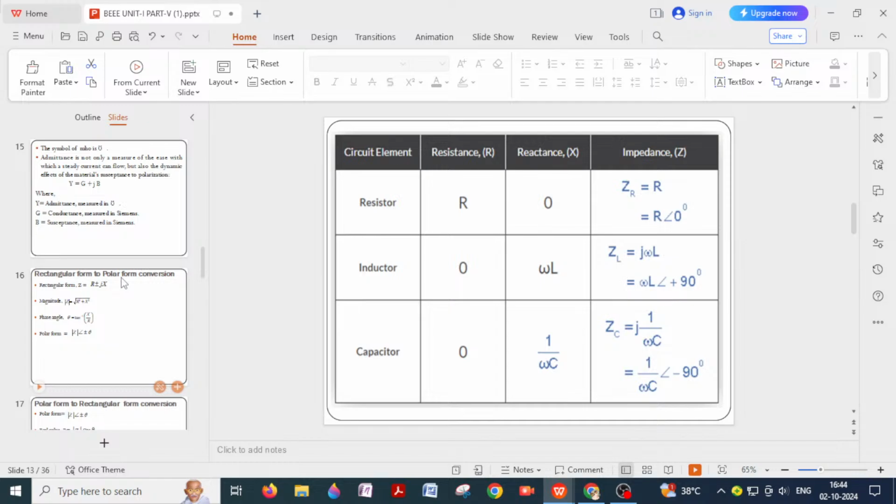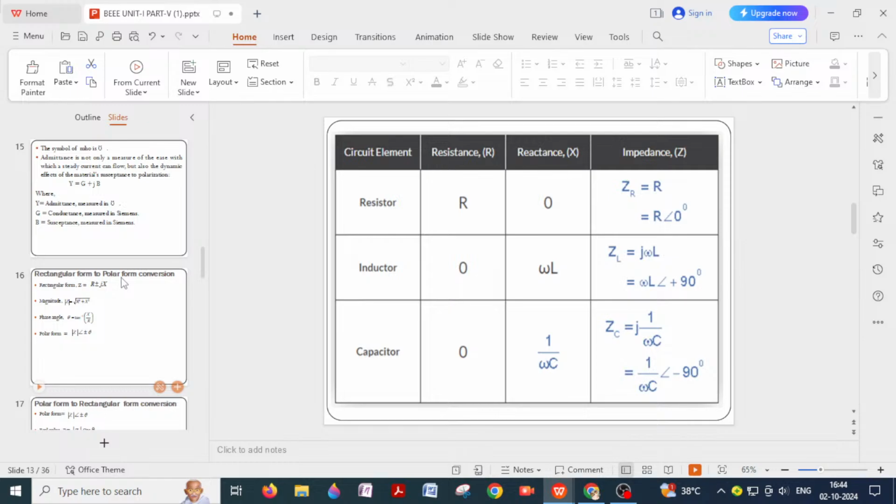If a term has both a real part and an imaginary part, that is known as rectangular form. Real part plus imaginary part, it need not always be plus, it can be plus or minus. So this is my rectangular form.